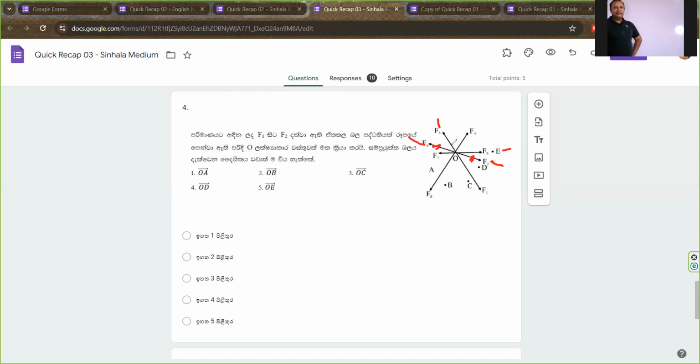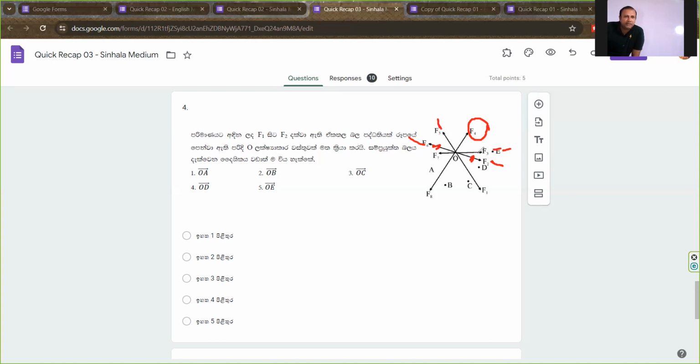And approximately this angle is equal to 120 degrees. The other thing is this force F4 is in the direction of the diagonal of F3 and F5. Make a 3, make a 5, anything.